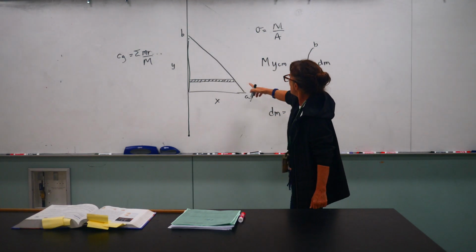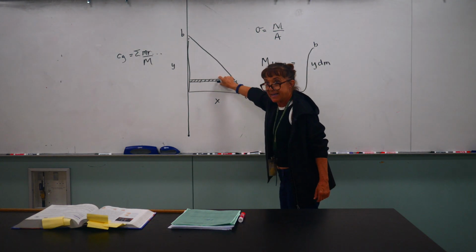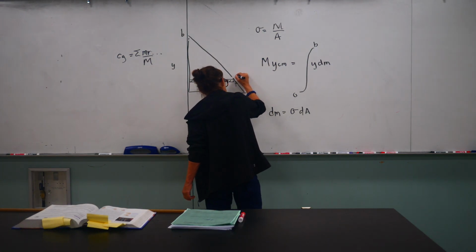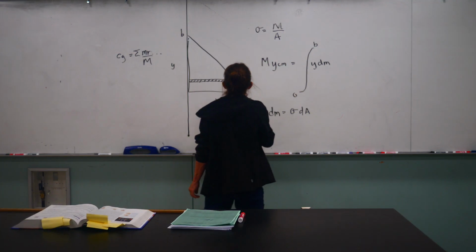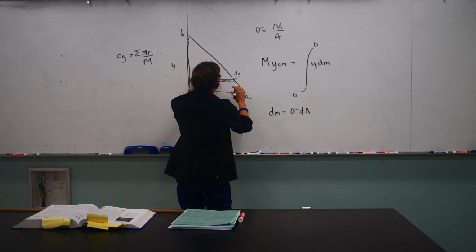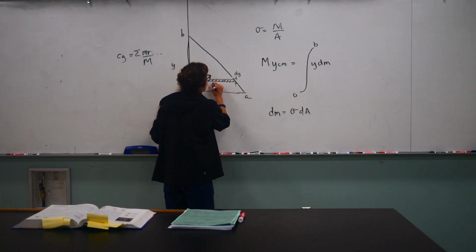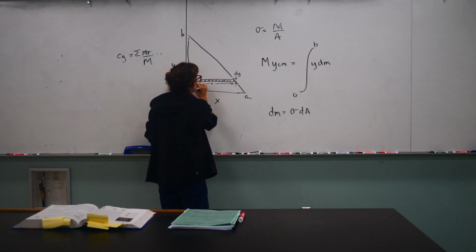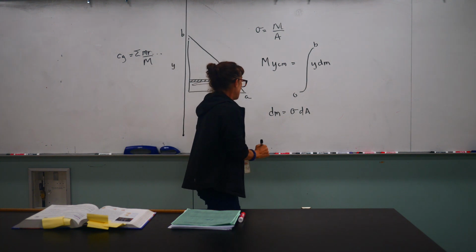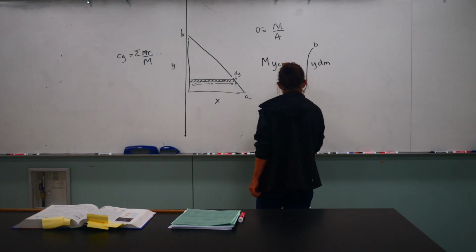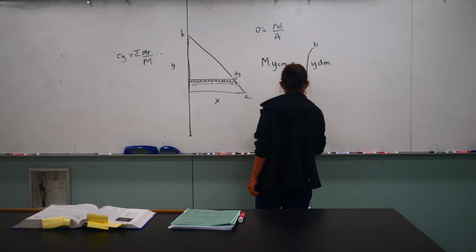Now we're going to take these little chunks of area, and this is going to be a dy, that's this thickness, and this is x, that's simply x. So our dm is going to be sigma x dy.